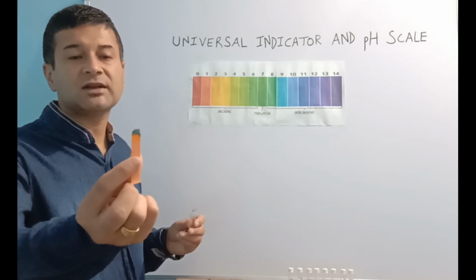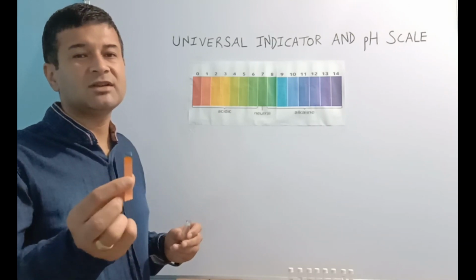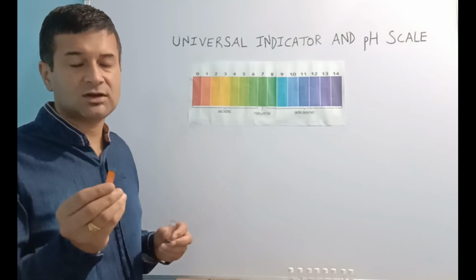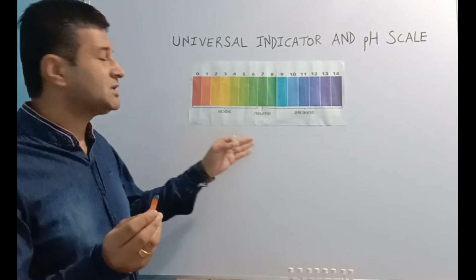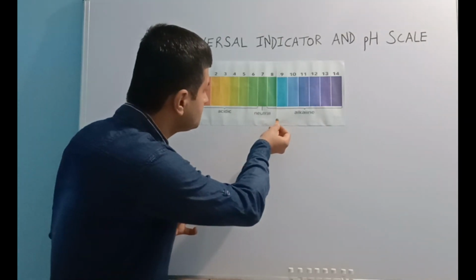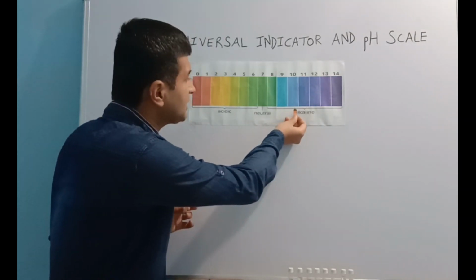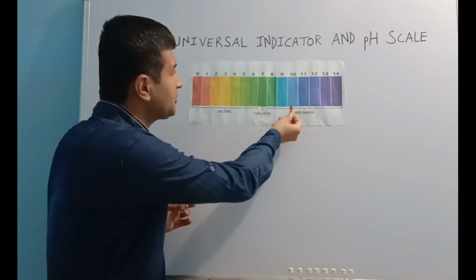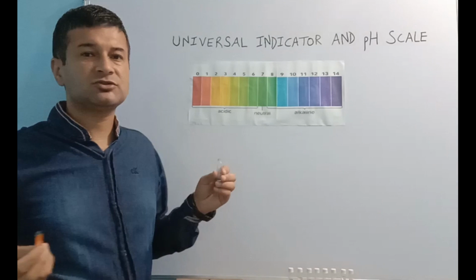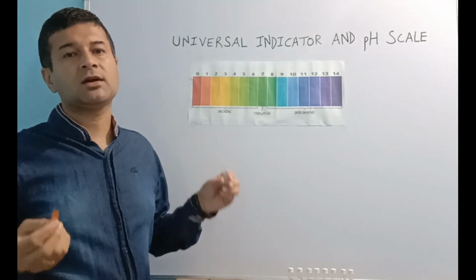Here you see that it has turned blue. That means it is alkaline. Now let us try to match the color of this pH paper with the pH scale. So the color matches with the corresponding pH value 10. That means this solution is a weak base.